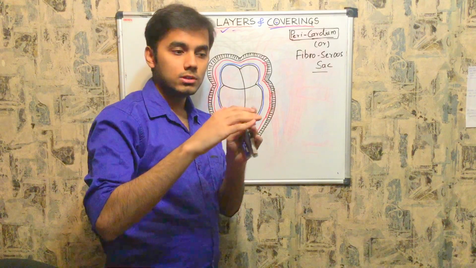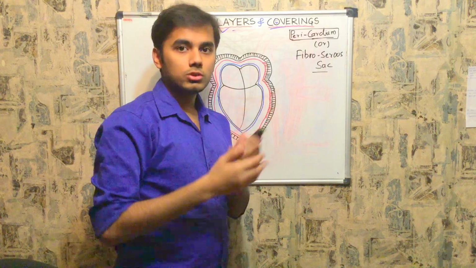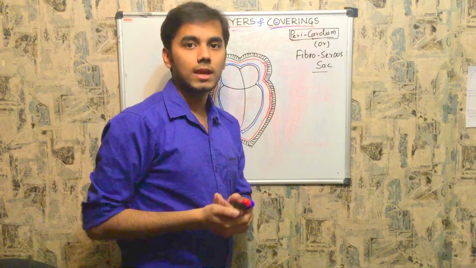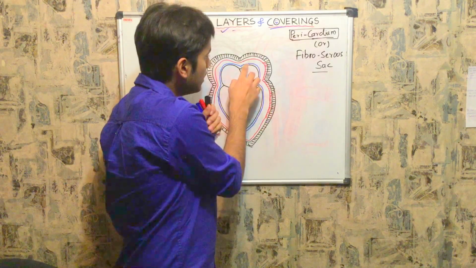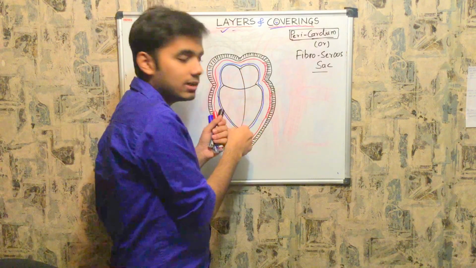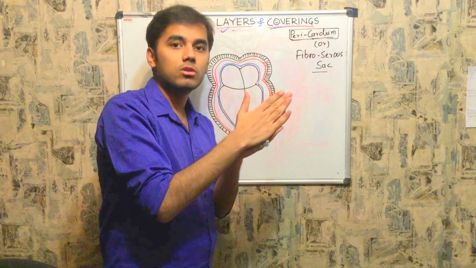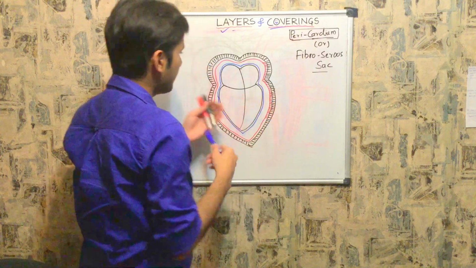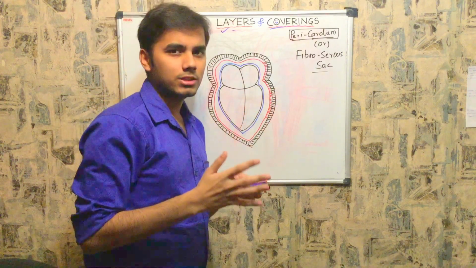What is the outermost layer of the heart? The outermost layer of the heart is the epicardium, right? So this blue thing, the visceral serous pericardium, is attached to the outermost layer of the heart, which we also call the epicardium. So there is no clear demarcation.